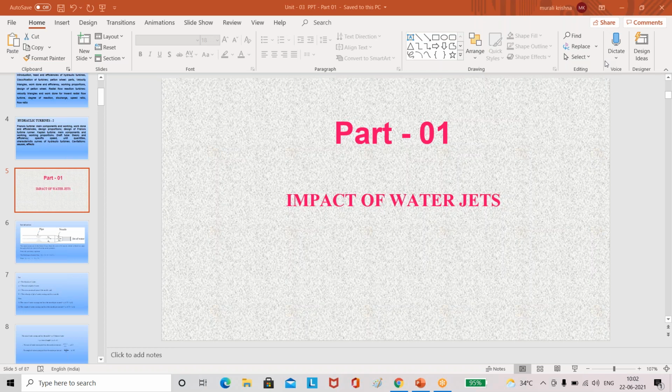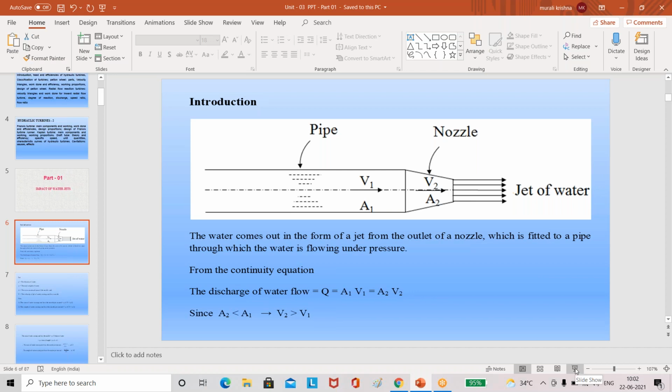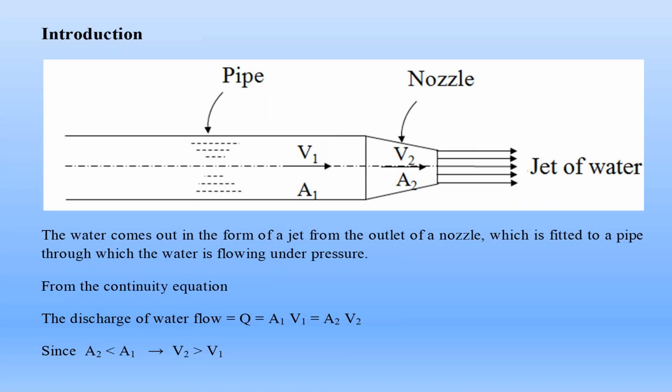We know that the water jet comes out from the nozzle. If the nozzle is fitted to the pipe, when water is flowing in the pipe, the water enters the nozzle, and at the end of the nozzle, the water comes out with a large velocity.